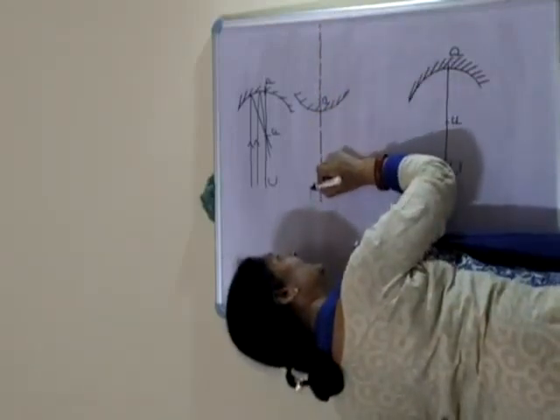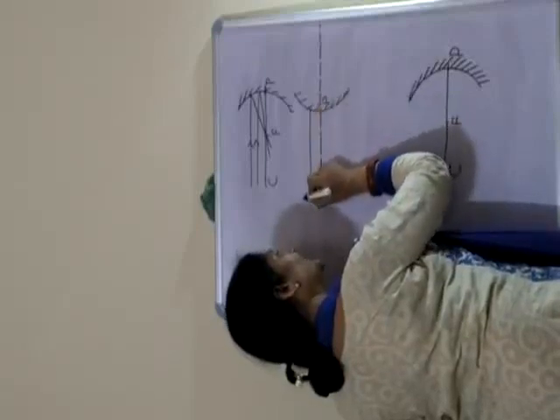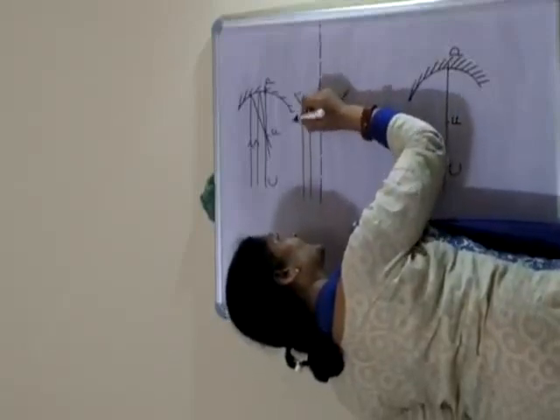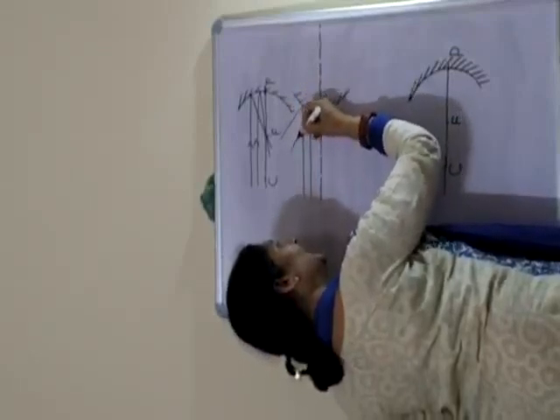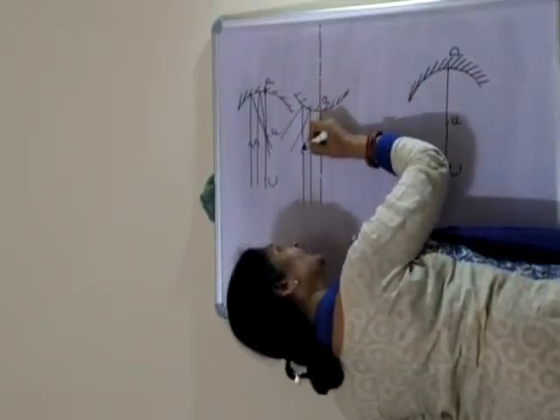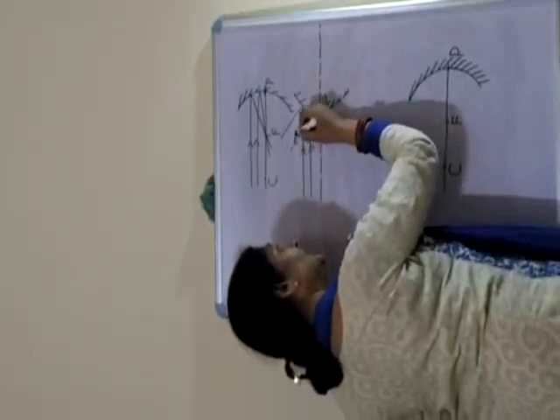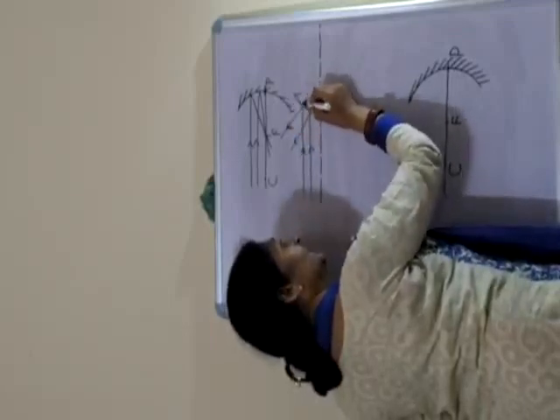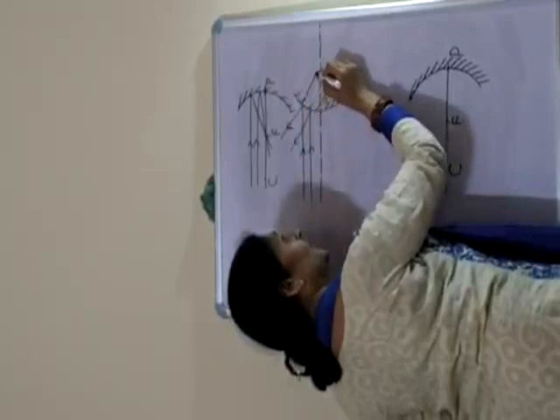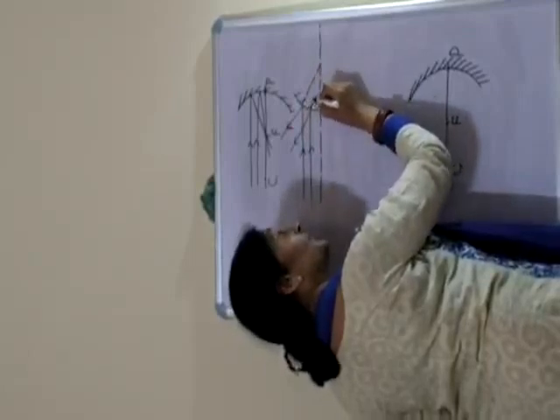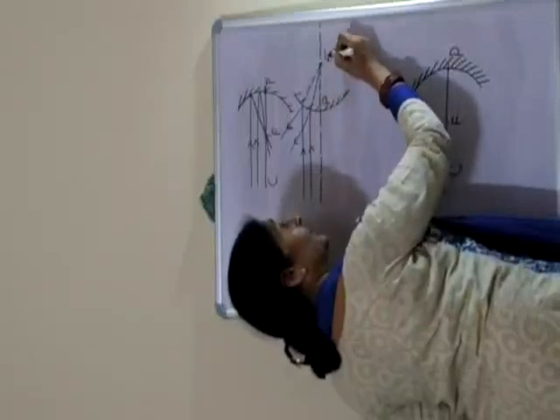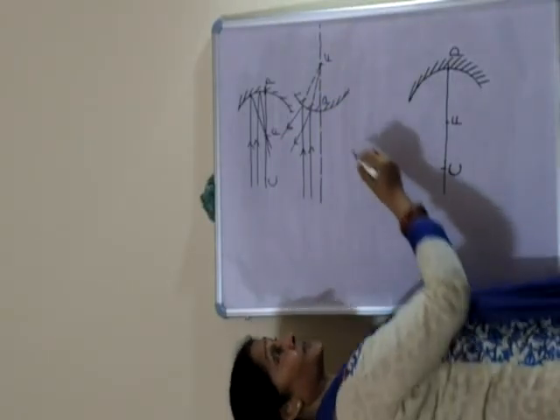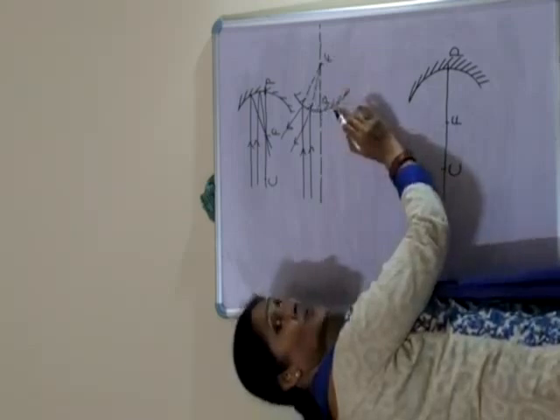These are the parallel rays falling on the convex mirror. After reflection, they will reflect back in this way, and they appear to meet somewhere here, and this is again a focus. This is the focus for this convex mirror.